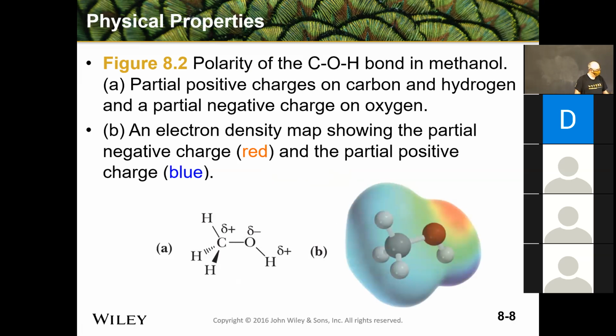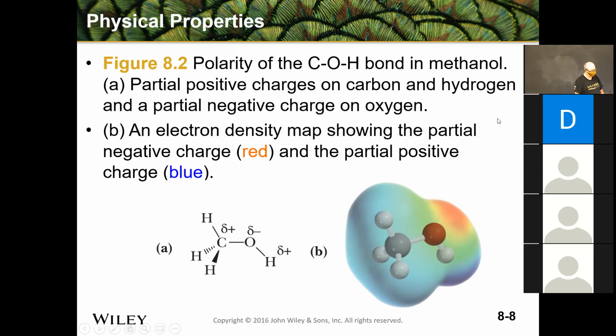Okay, let's look at the physical properties of alcohols. The C-OH bond in methanol is very polar. There's a partial positive charge on the carbon and the hydrogen. There's also a partial negative charge on the oxygen.